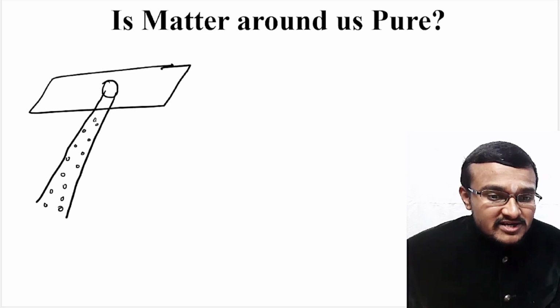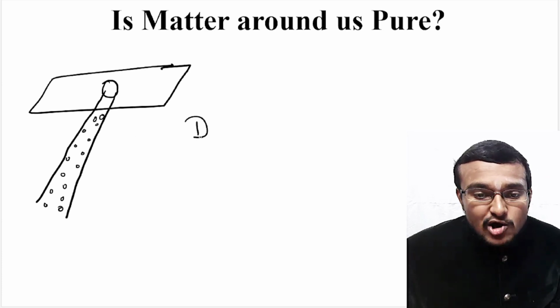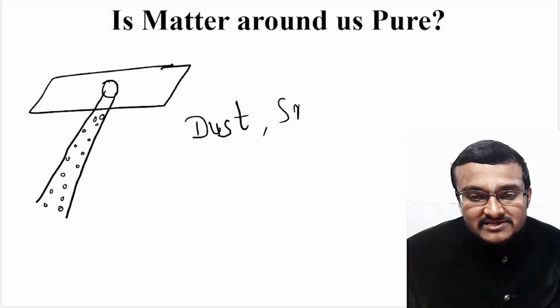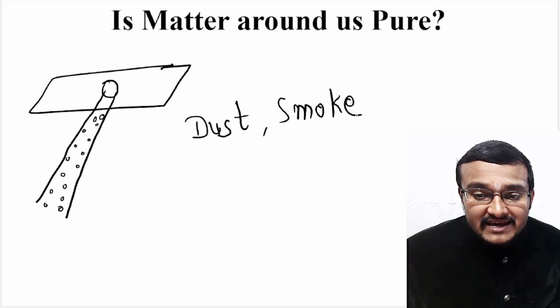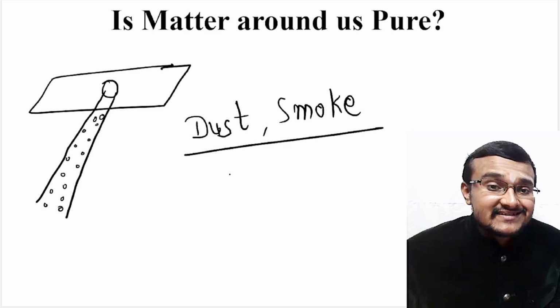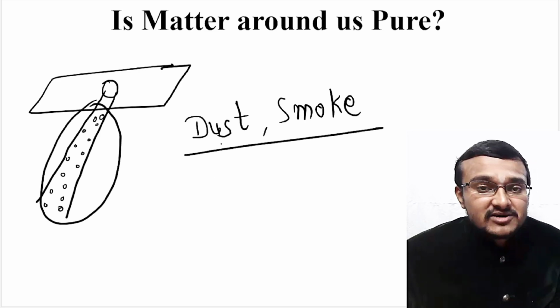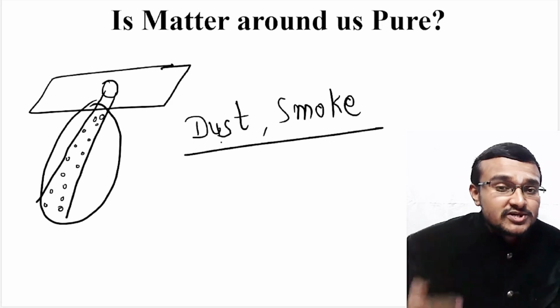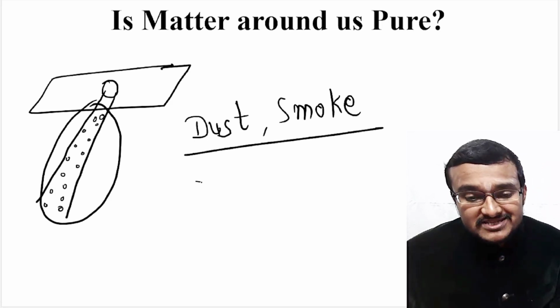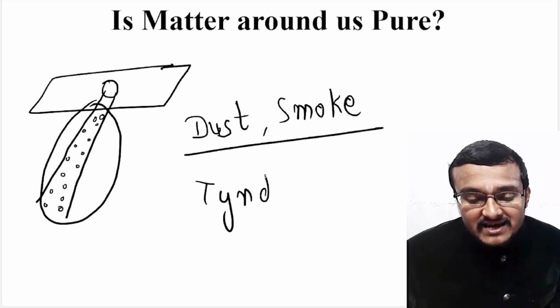That means the dust particles or the smoke in the air will make light rays scatter, and this light ray will be visible when it is passing through the hole of a ceiling. So this effect is also known as the Tyndall effect.